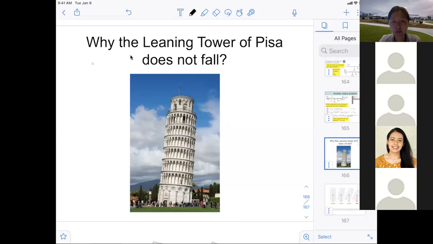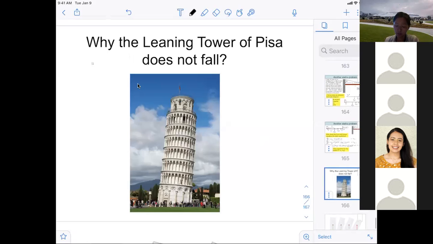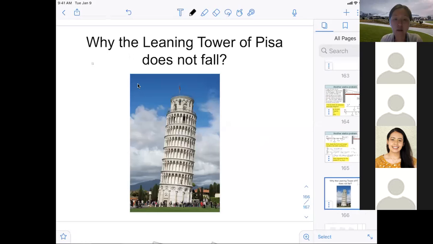Are we able to use static equilibrium to help us understand that? We know that that is a building structure, and we talked about how all of these building structures have to be in static equilibrium. The forces have to be 0, the torques have to be 0, okay? So will we be able to use that to explain why it does not fall?